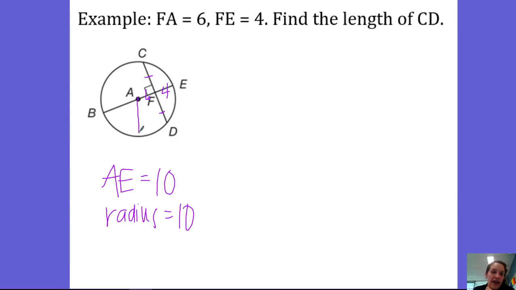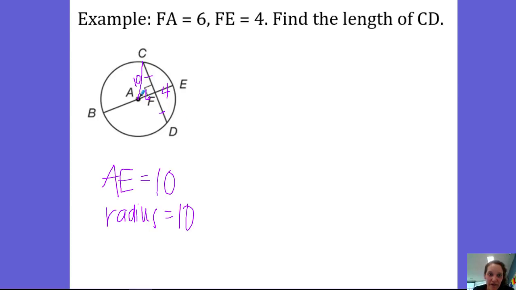Remember, any radius anywhere, even right here, those radii are all the same length. They're all 10. So I'm going to strategically place a radius here because I know it's 10. Oh my gosh.